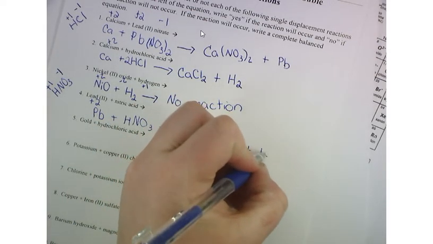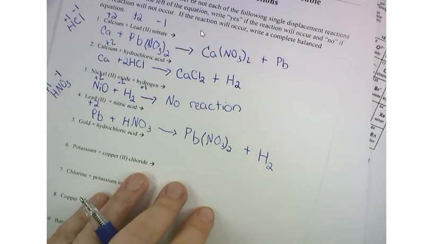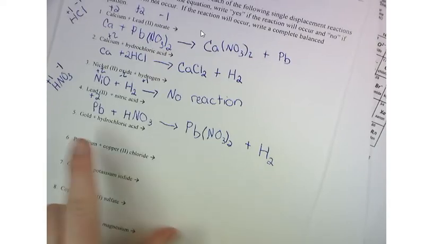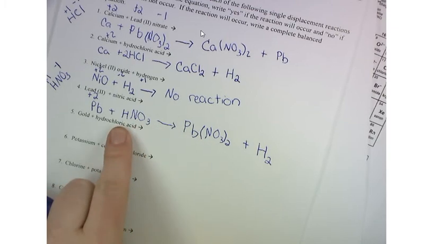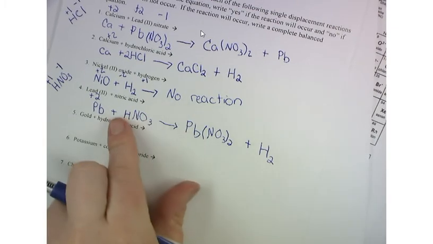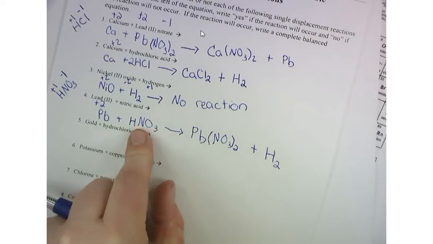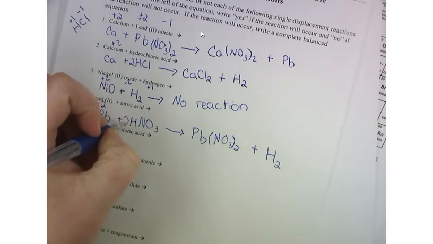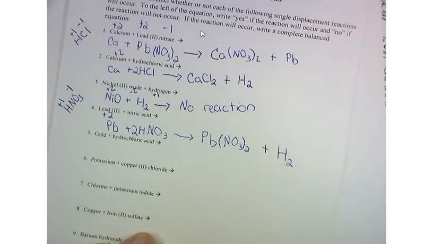And since hydrogen is on its own, it does need that subscript there. So now that we've got all of that done, let's go ahead and balance it. We've got 1 lead here, 1 lead here, 1 hydrogen here, 2 hydrogens here. So we need to balance this side. We also have 2 nitrates on this side and only 1 on this side. So by adding a coefficient here, we solve that problem, and now the reaction is balanced.